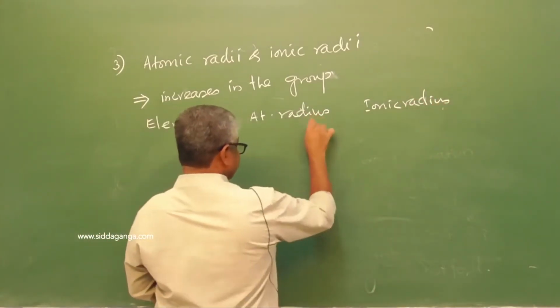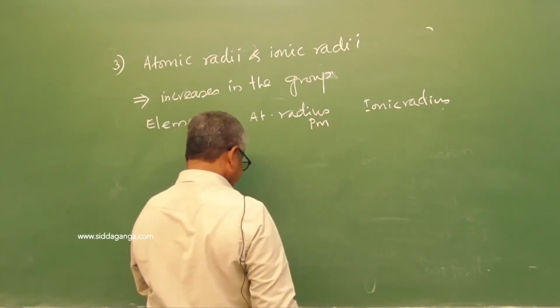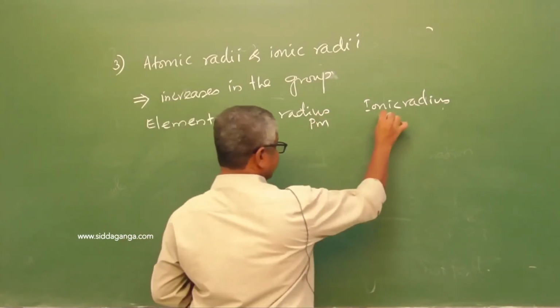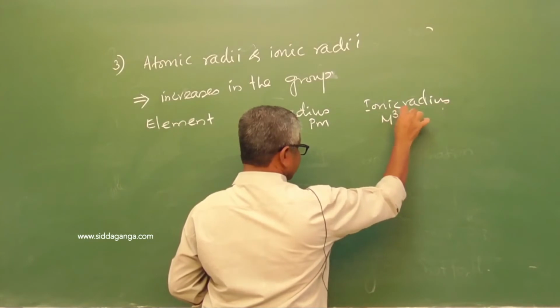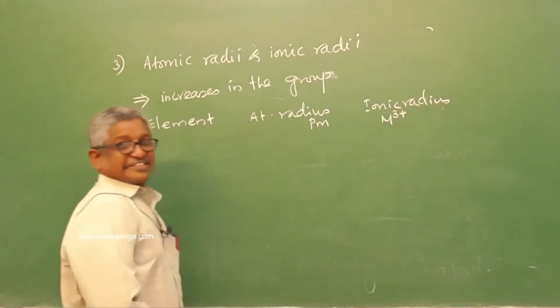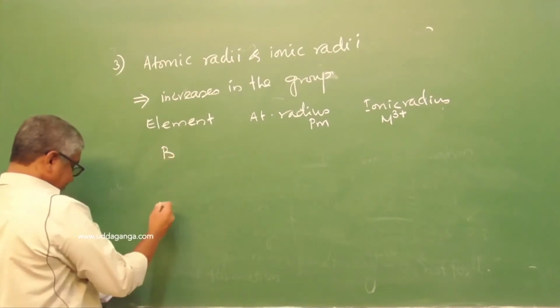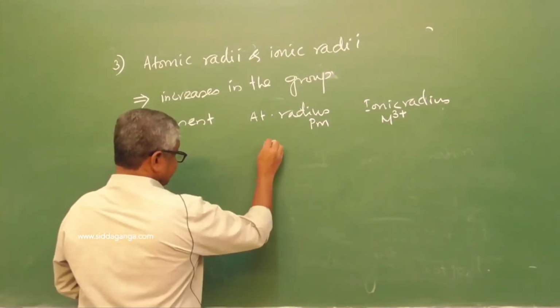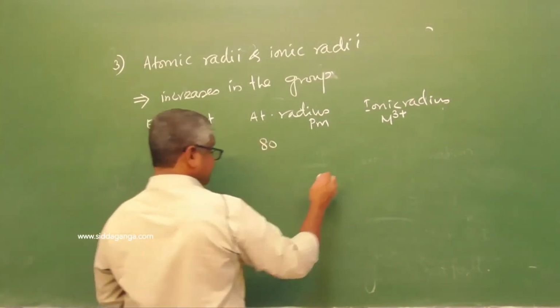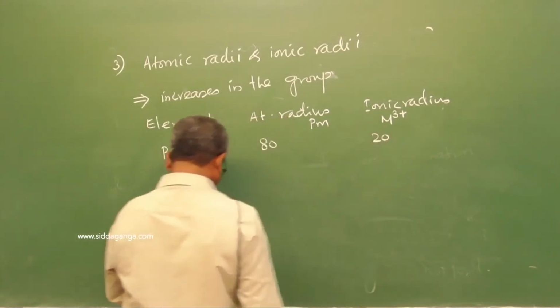It is in picometer. Ionic radius will be in the element with the loss of 3 electrons. First element boron, atomic radius 80, ionic radius 20.